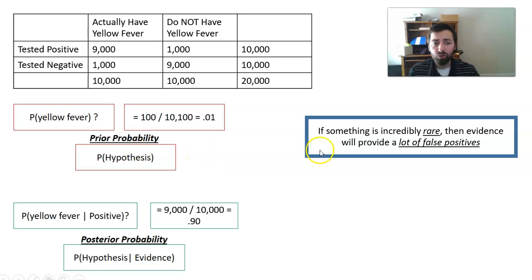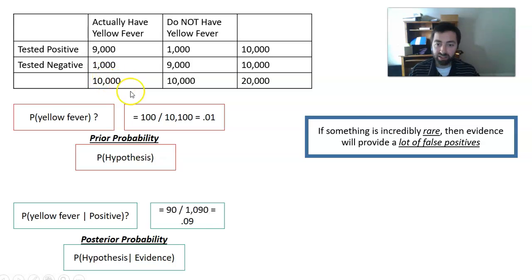And if something is incredibly rare, if its prior probability to start with is incredibly low, then you need really strong evidence to support the case that it's true. So what I told you a few minutes ago is if you make a really good test, then when it comes back positive, you have a good warrant to believe that the person has yellow fever.